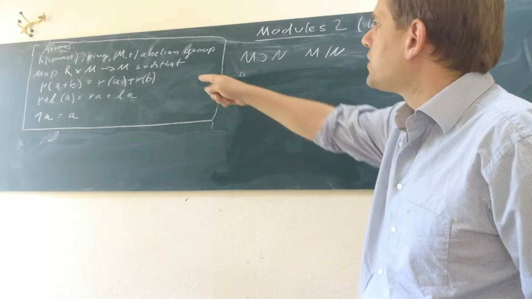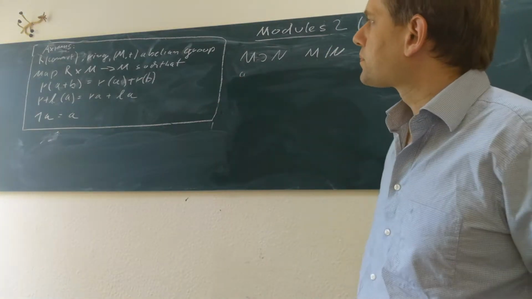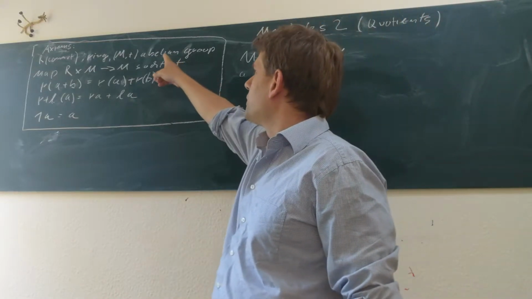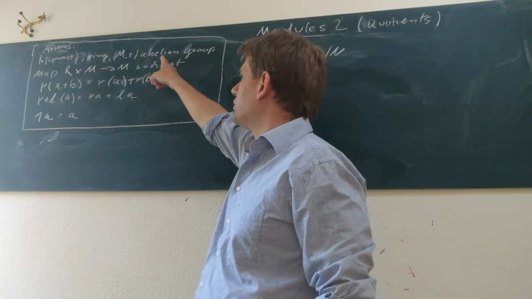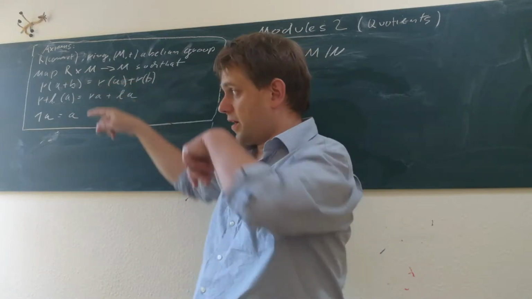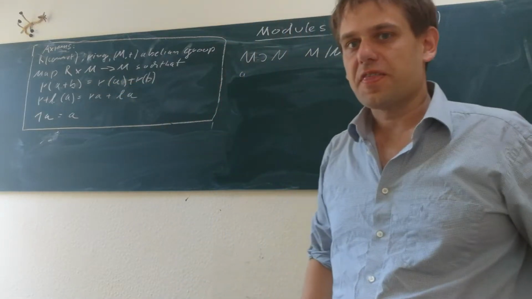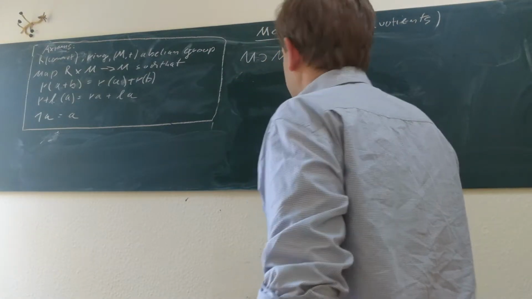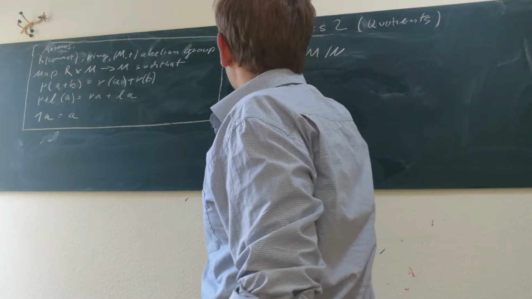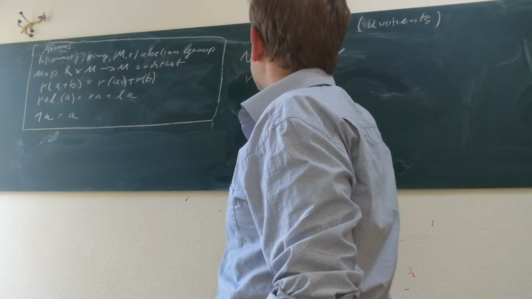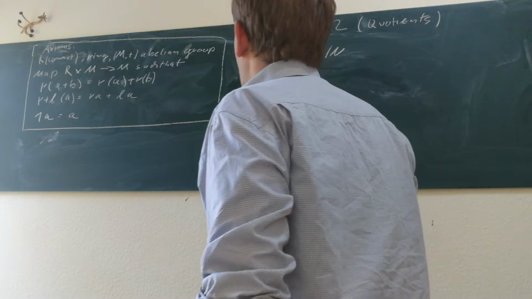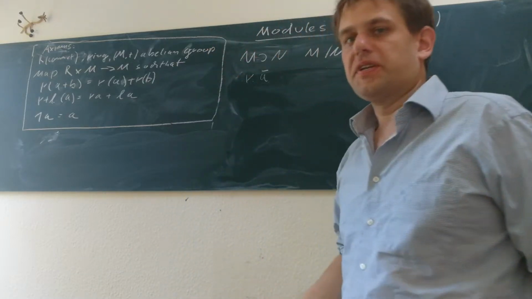We now need to look at the other axioms, because for our module we did not only need an abelian group, but we also need the multiplication with this ring R. So we need to see that R times A bar, first of all we need to define this.